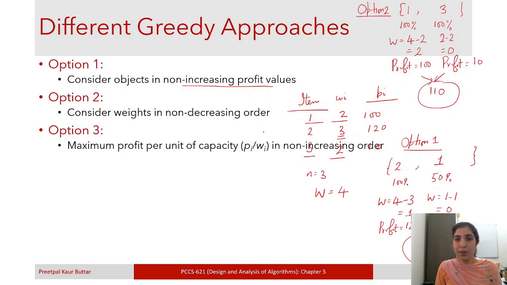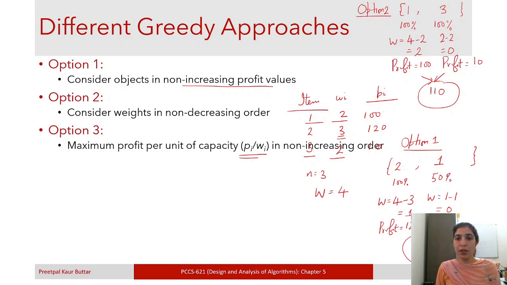We have to pick the items in non-increasing order of that value, so first pick the item with the maximum value of P_i by W_i.